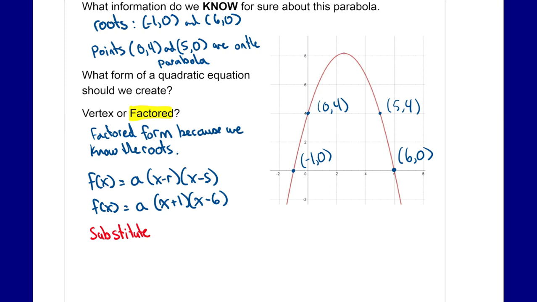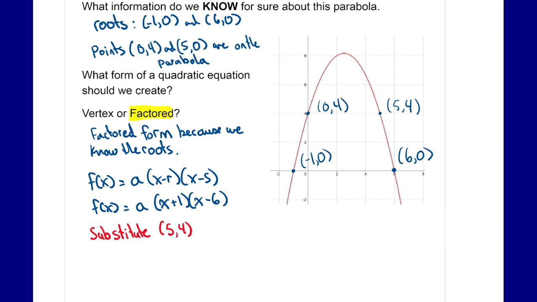So I need to substitute one of my points back into the equation. I can use either point, it doesn't really matter. I just can't use the roots again because I've already used those. But I can use either the (0, 4) or the (5, 4). I'm going to use (5, 4) just so we have an example, because we might not always have the y-intercept.